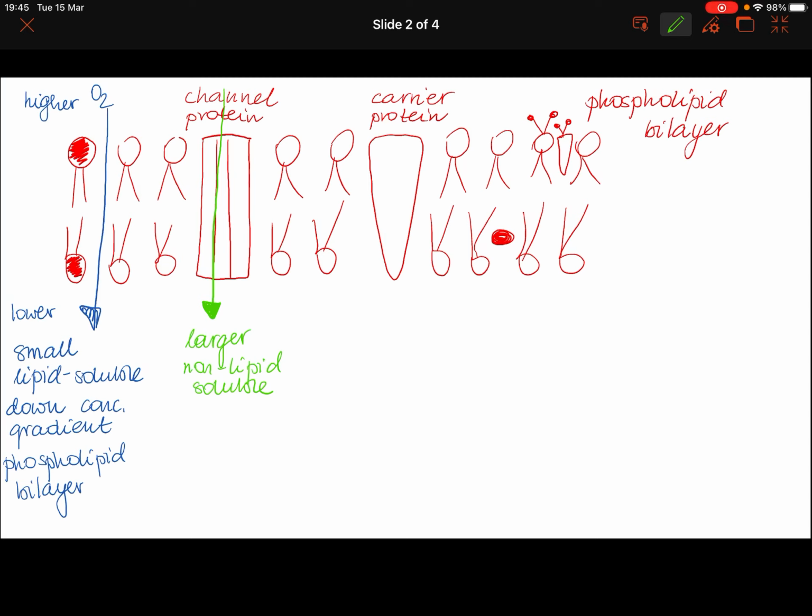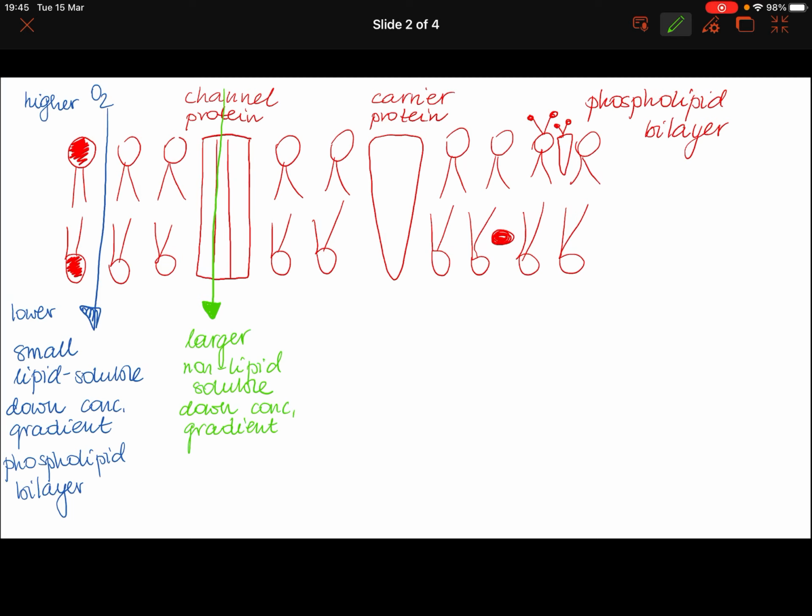This type of diffusion also transports the molecules down the concentration gradient, but this time it's not going to happen directly through the phospholipid bilayer, because the molecules that we are transporting through facilitated diffusion are larger and non-lipid soluble. They will be transported using proteins.